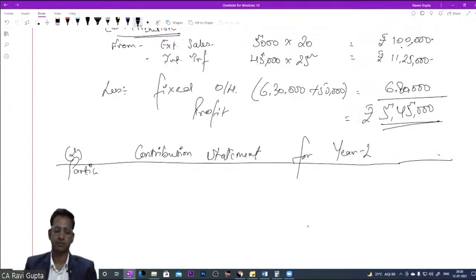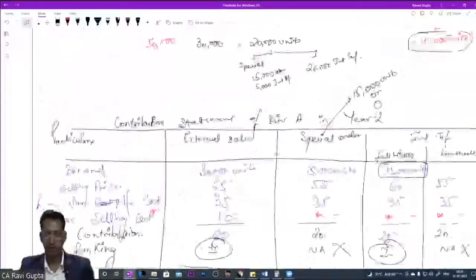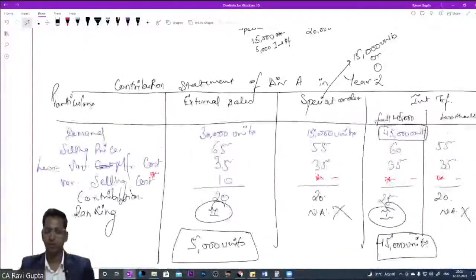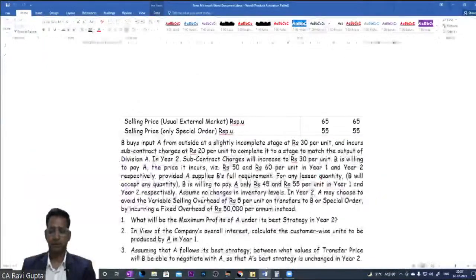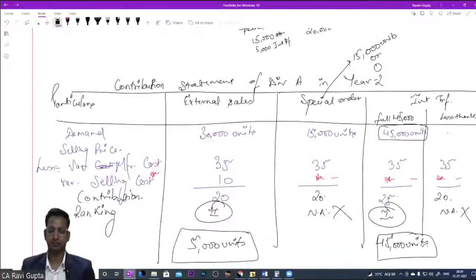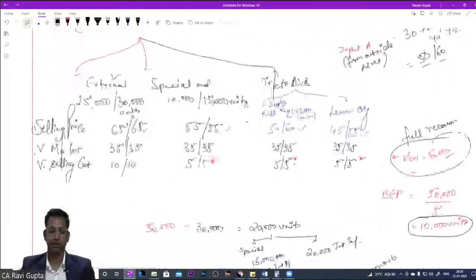Particulars, and we have external sales, or I can use this table. I can use this table; we just need to change this figure. It's year 1.